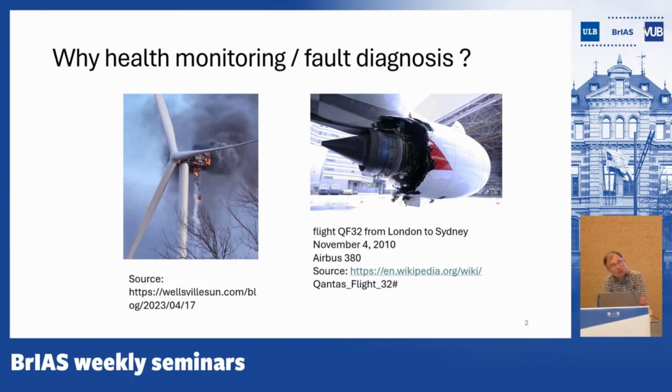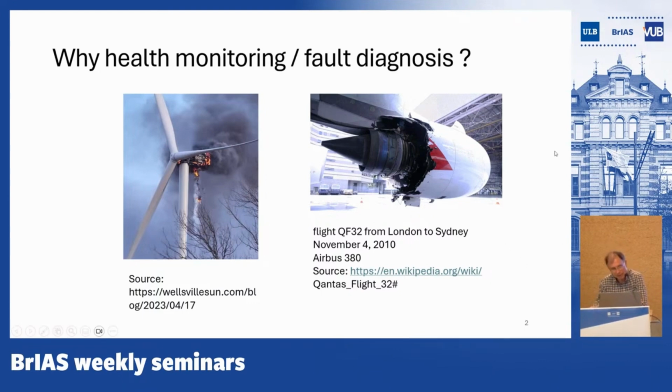So wind turbines can be subject to fires. Here is an example. So these can have different causes, either electrical causes like short circuits or ignition of hydraulic oil. And that's the first example.